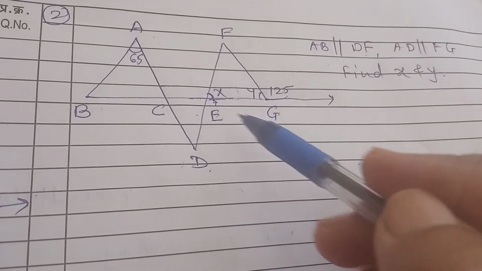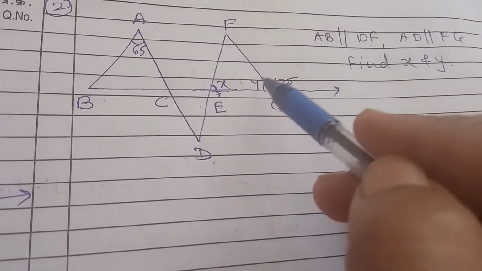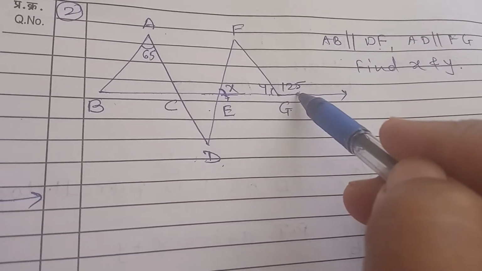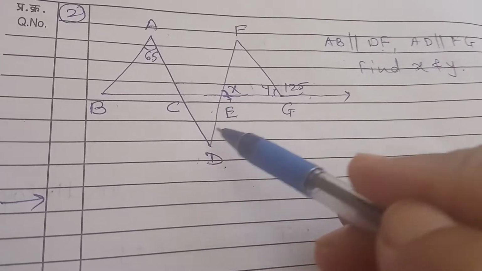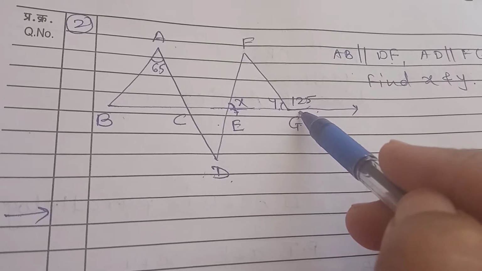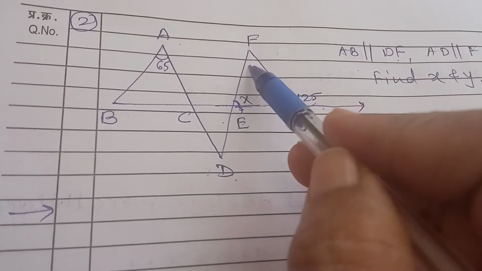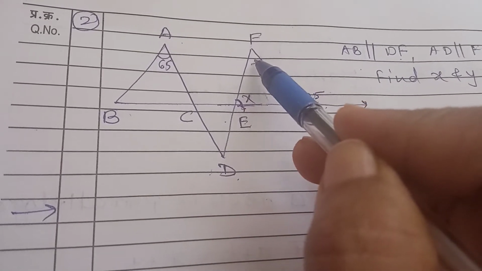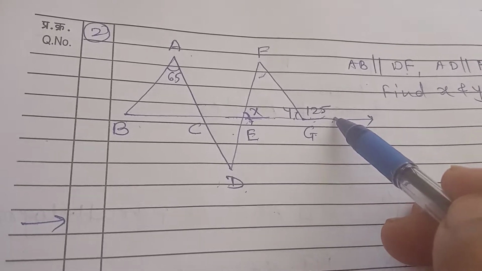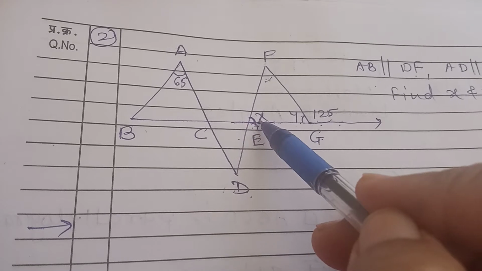Now see how to find x and y. This angle is 125. We can easily find the value of y because this angle y and angle 125 are angles in a linear pair. Then by applying the external angle theorem, we can find the value of this angle. But we don't know this angle and angle x also.